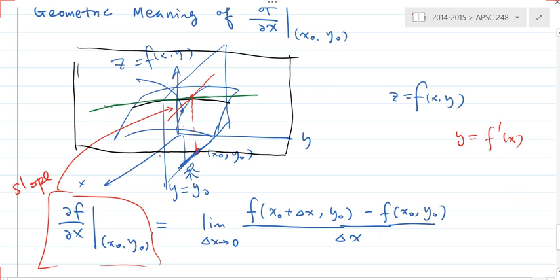Recall that when you have a single variable, here's a curve, and maybe this is x naught. How do we approximate this curve at the x equal to x naught location? What did we use?